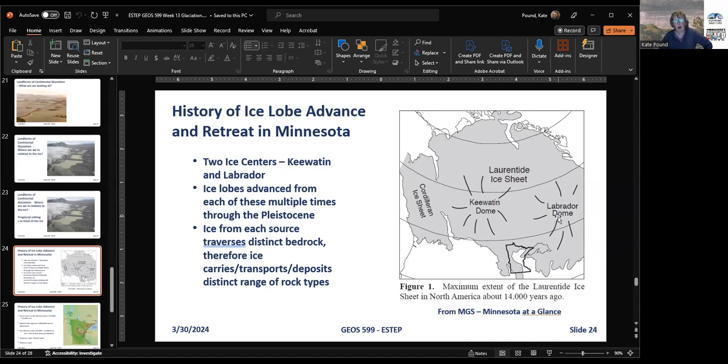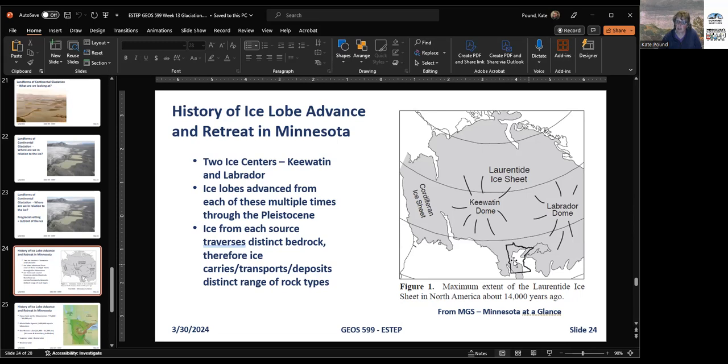We, over time, have received ice that essentially was sourced in the Labrador Dome, and it came from the northeast of Minnesota, and the ice from the Keewatin Dome came from the northwest. Well, that's very interesting. But what's really fascinating is ice from each of these sources traverses really distinct bedrock, and therefore the ice ends up carrying, transporting, and then depositing very distinct range of rock types.